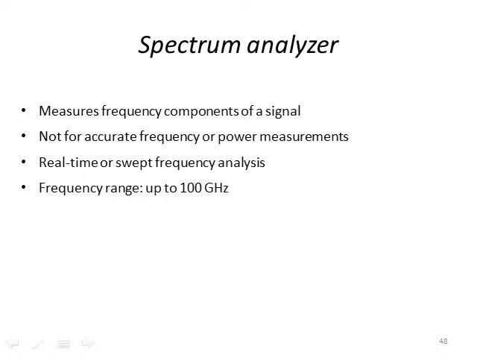Okay, now I'll talk about a spectrum analyzer. Spectrum analyzers are quite powerful instruments that allow you to look at the frequency content of time domain signals. So remember that we went over this little review where we looked at the Fourier transform, also Fourier series, and we can transform a time domain signal into a frequency domain signal.